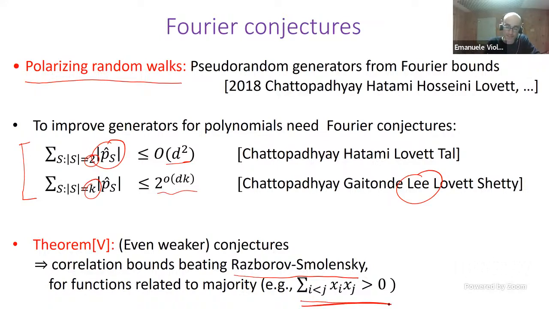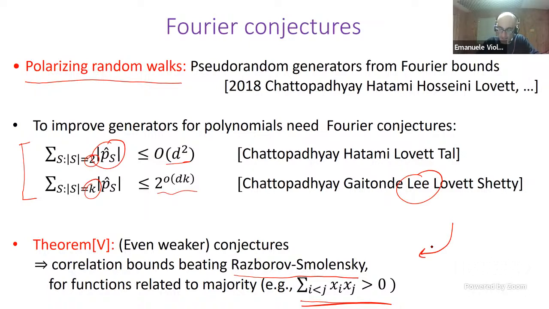Even proving these things, it was not clear at the beginning that you would need correlation bounds for this approach. Also, some of these things only gave PRGs with a constant error, so it was not clear that they implied correlation bounds via the previous connections, but via this new connection, you can show that they still require correlation bounds. Any questions on this? I'm not going to say much about this proof because I want to talk about other things, but it's not hard. It's like half a page.